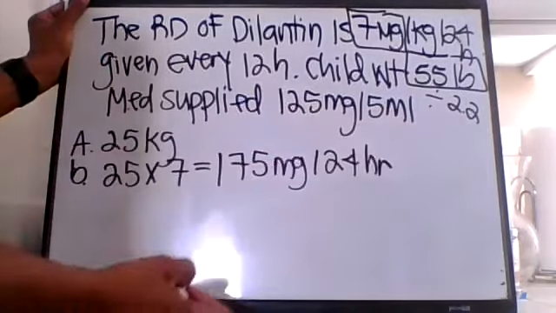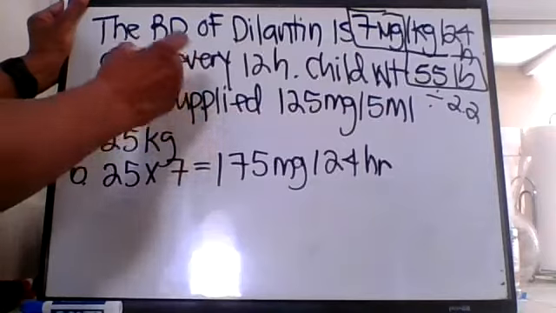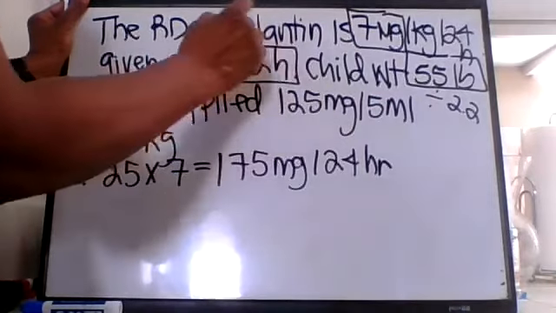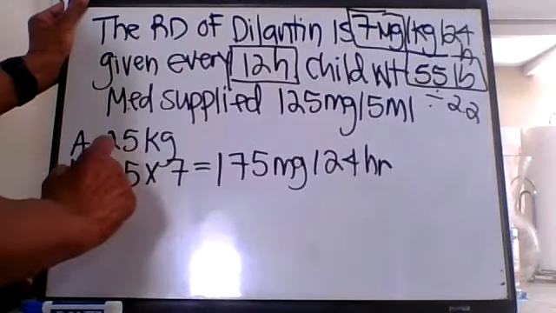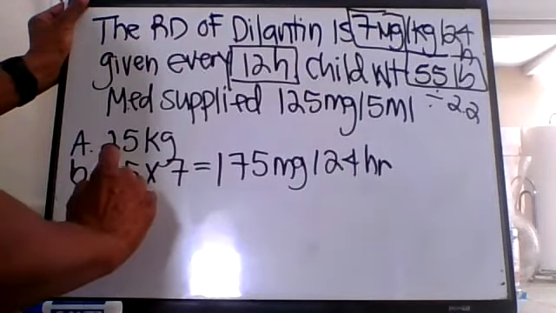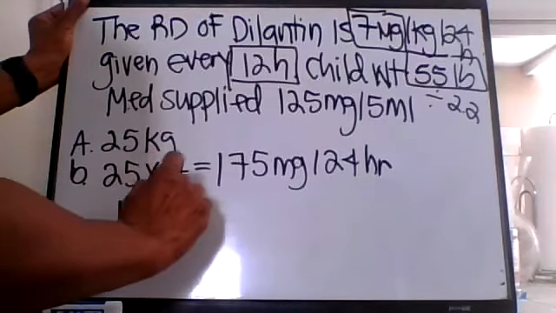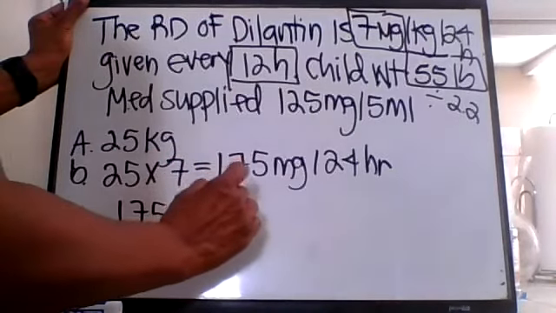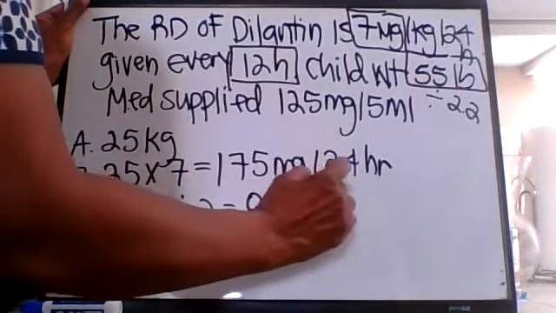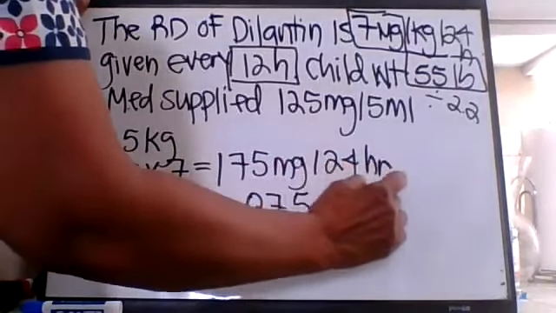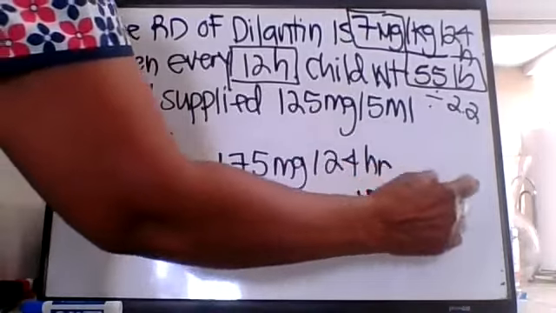All right, now we have to go further because this medication is every 12 hours. So that means that we would divide it by 2. So now we would take the 175, we divide it by 2, and we come out with 87.5 milligrams per dose.